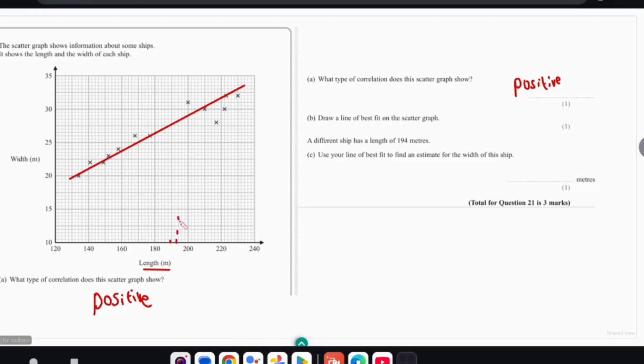So we go up with a ruler to find the line of best fit here. And then you go across. So 25. Each box is 1 on your y-axis. So 25, 26, 27.